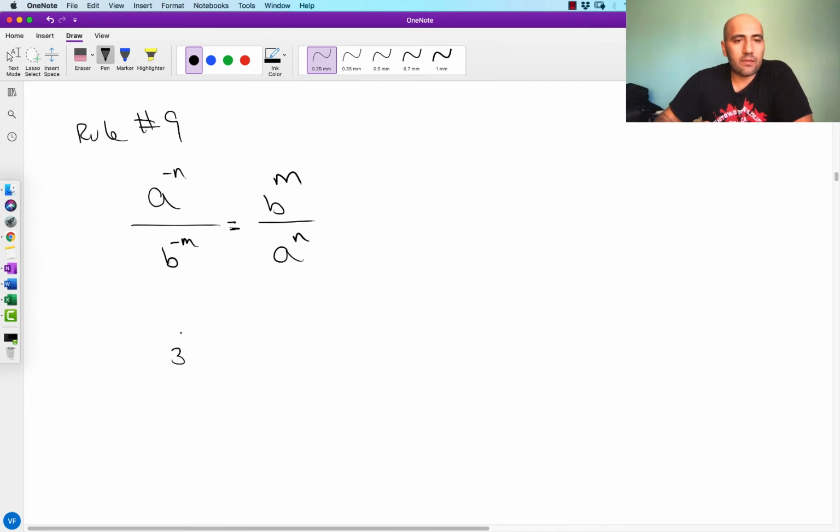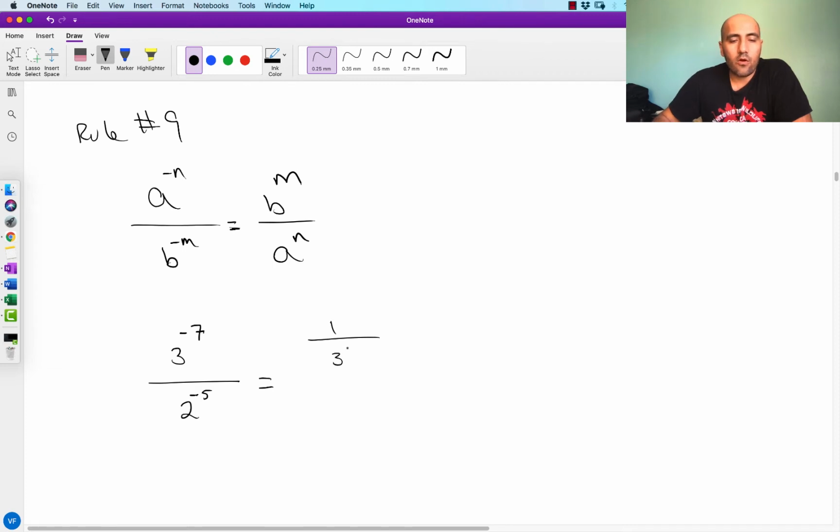If we had 3 to the power of negative 7 divided by 2 to the power of negative 5, well, we just stated that to get rid of that minus there, we know that all we have to do is flip it underneath 1.